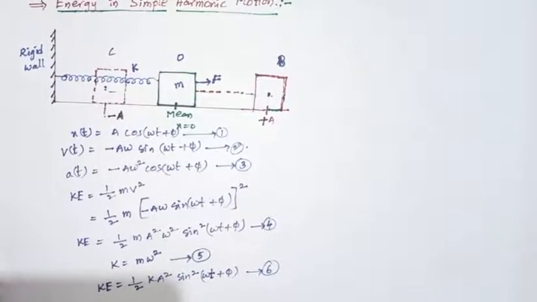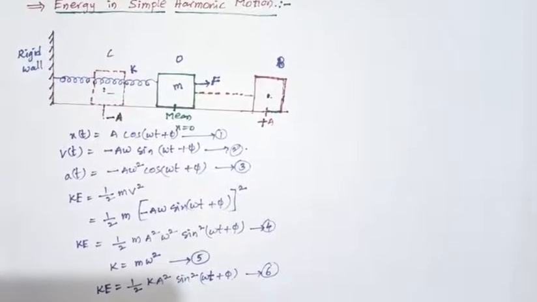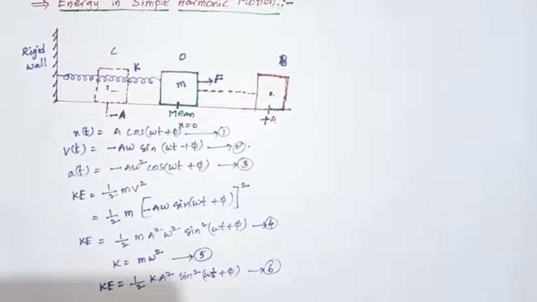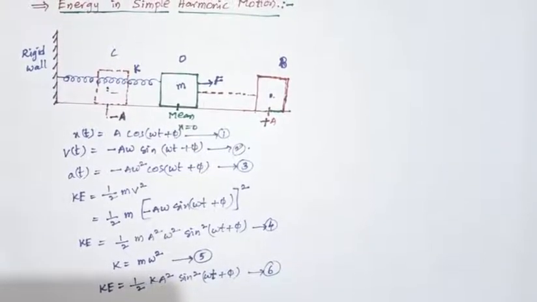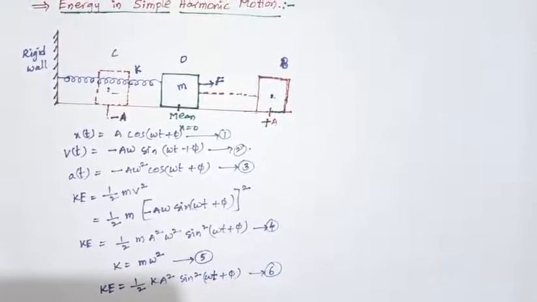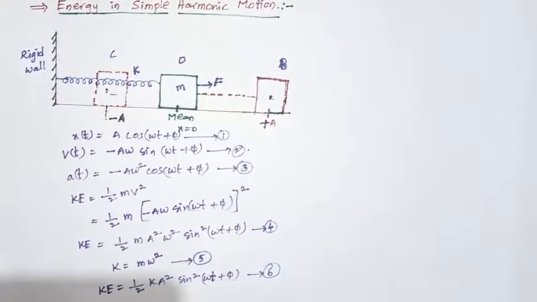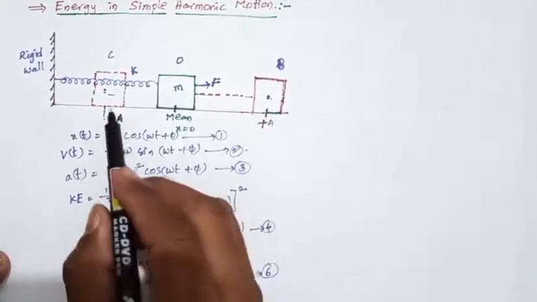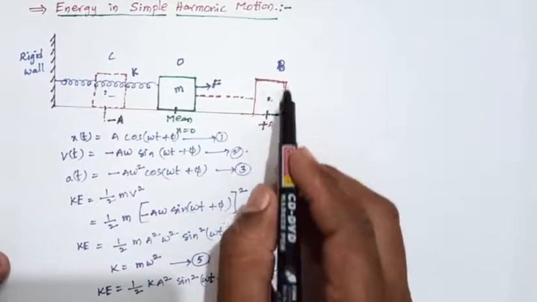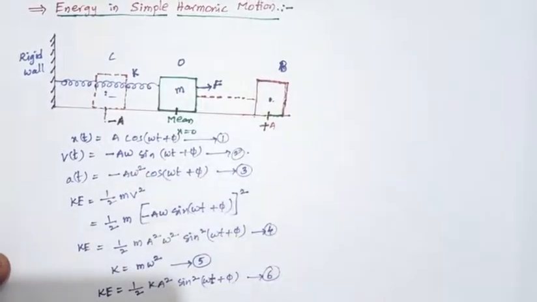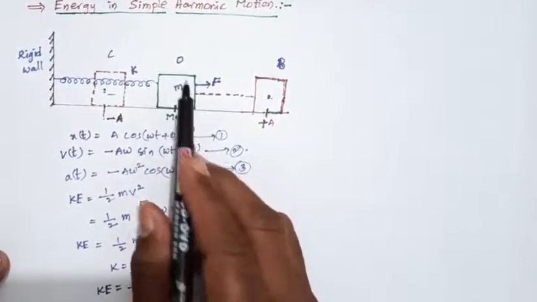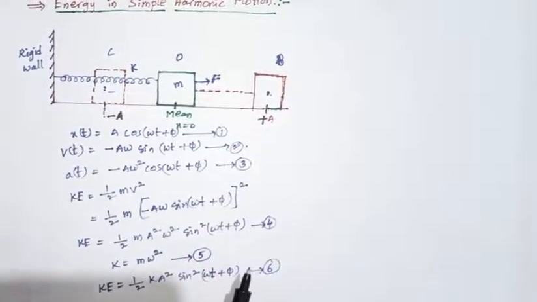The kinetic energy is 0 when the displacement is maximum. So displacement is maximum at extreme positions, so kinetic energy will be 0. At mean position the displacement is 0, kinetic energy is maximum.